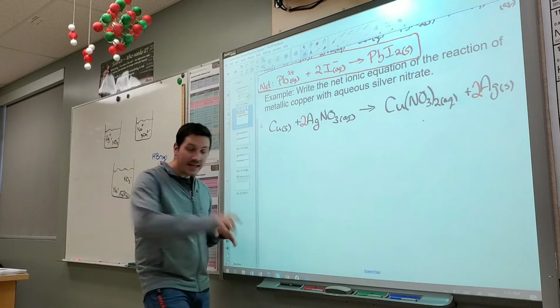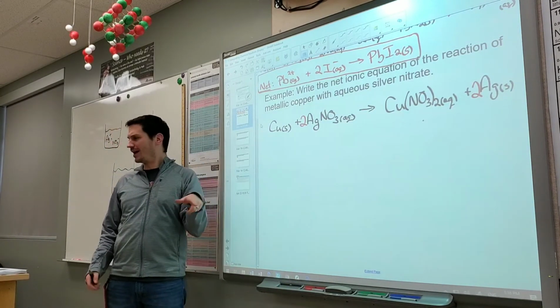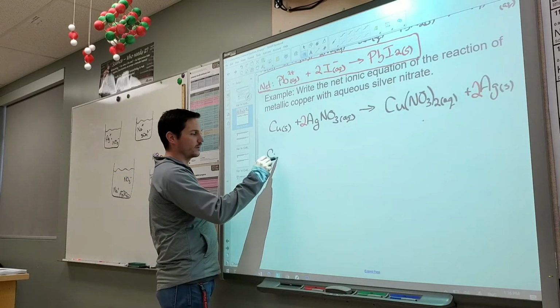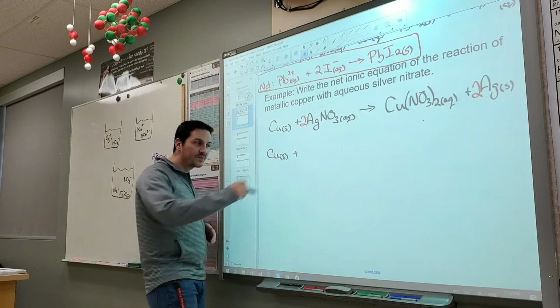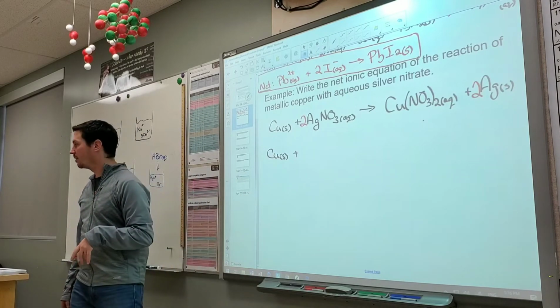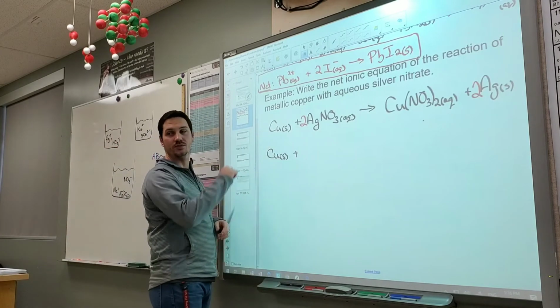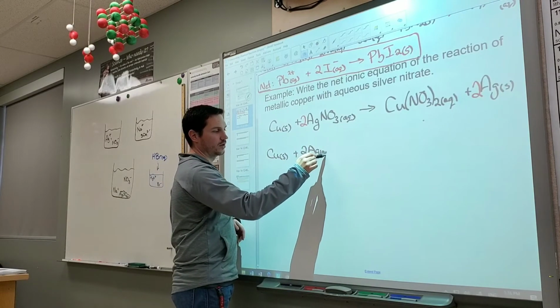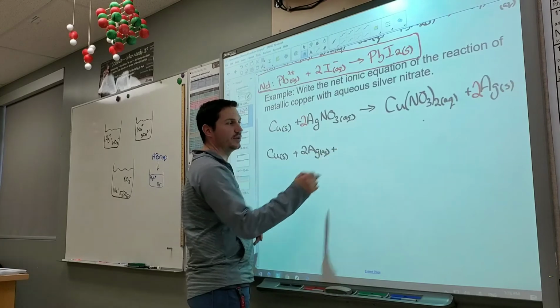So on the next line, can copper, elemental copper, split up into something? No. Okay, copper solid. Can silver nitrate split up? Yeah. How many silvers are we going to get? How many nitrates are we going to get?